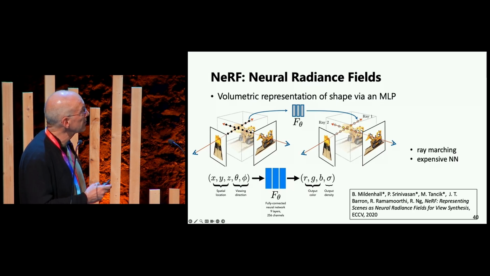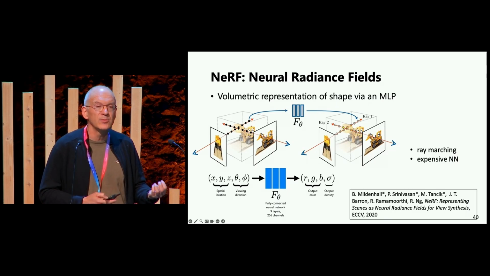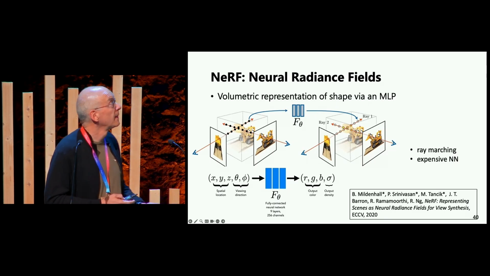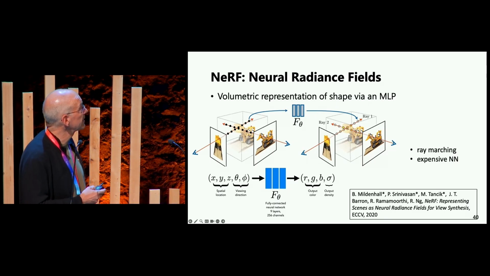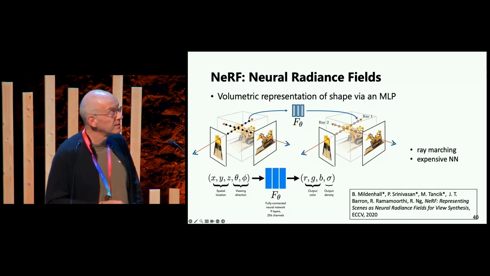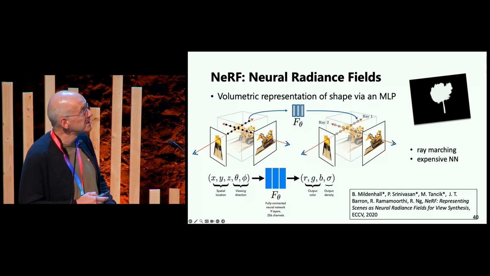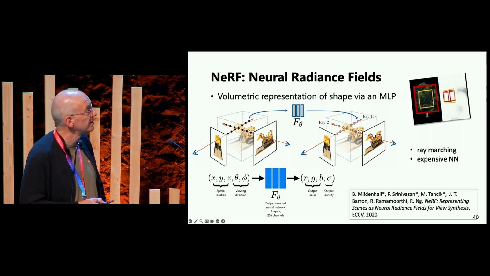So the neural network is going to output color, RGB, and density, which is a volumetric quantity, a proxy for the geometry. And as input, it takes a spatial location, which is typically going to be a sample along the rays which you march, and a view direction. And you train the neural network to learn the representation. So this sort of vaguely reminds us of the volumetric representation that we had developed.